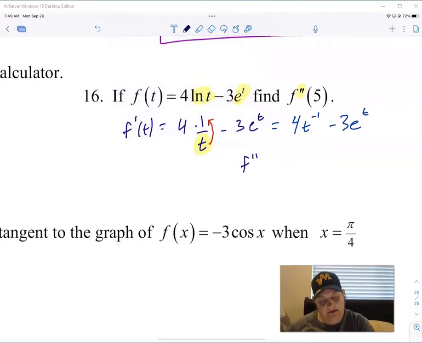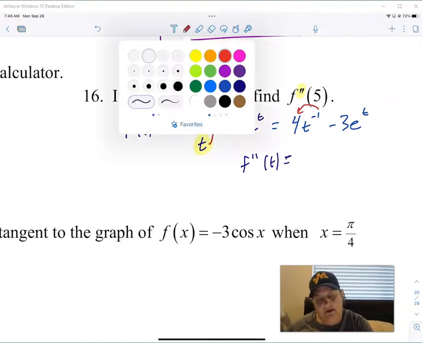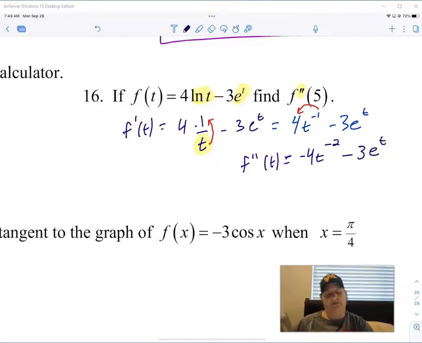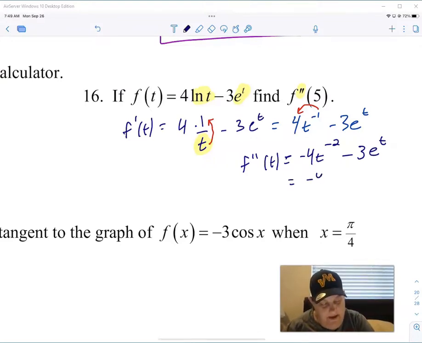Now let's take a second derivative. Remember, this part is our power rule. That comes down in front. So that becomes negative 4t to the negative 2 minus 3e to the t. Probably a better way of writing that is negative 4 over t squared.